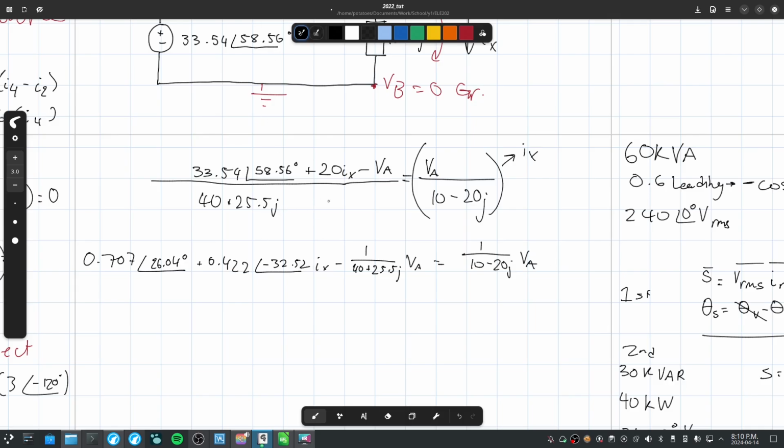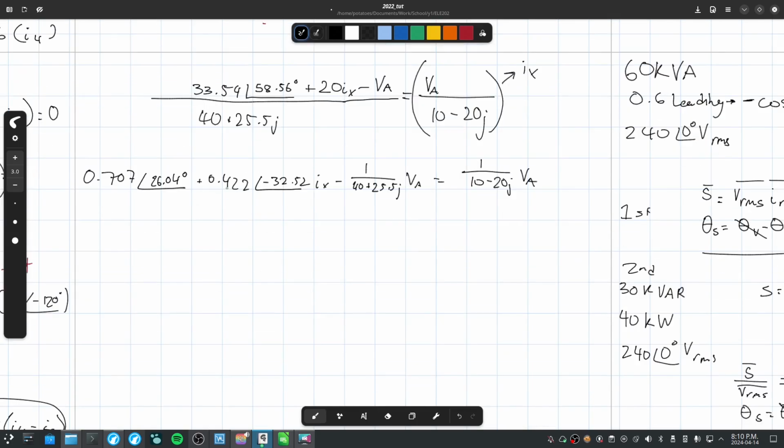So if you extract out, you get this. That's 20 divided by 40 plus 25.5j, so all that fun stuff. And then we substitute for IX in here. We're going to get 0.707 with a phasor of 26.04. No change here. Oh, and then we move everything to the right side.